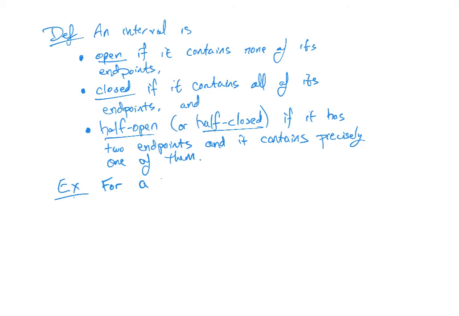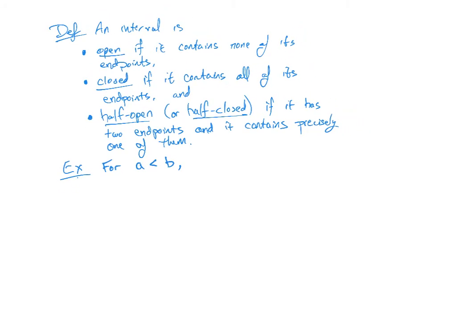I'm going to assume that A is strictly less than B. And then let's just work through what these are. The open interval, we call it the open interval from A to B. It's open, thank God, right? Because it has endpoints A and B and it doesn't contain either of them.